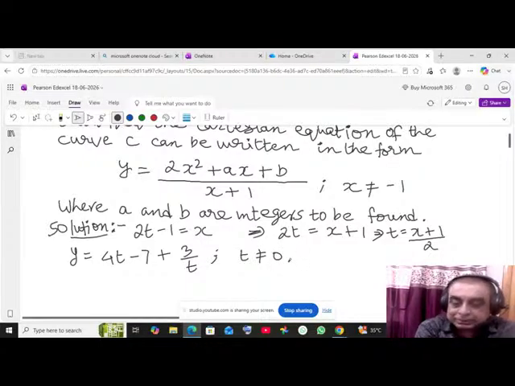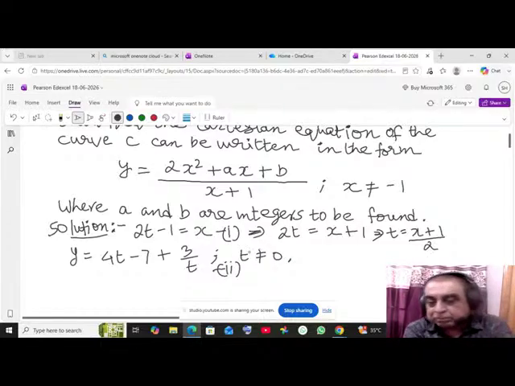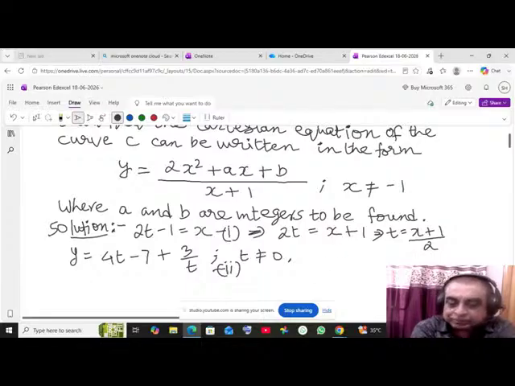Suppose I call this equation second, and the previous one I call first. From the first equation, I have found the value of t in the form of x, so we will substitute. Substituting t equals x plus 1 upon 2 in the second equation.